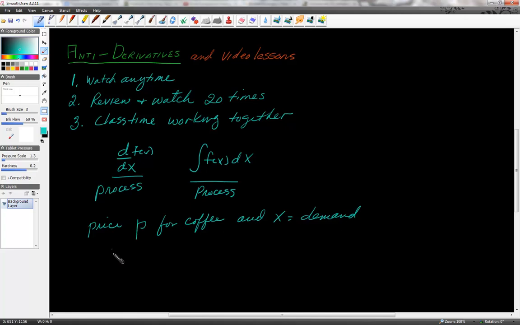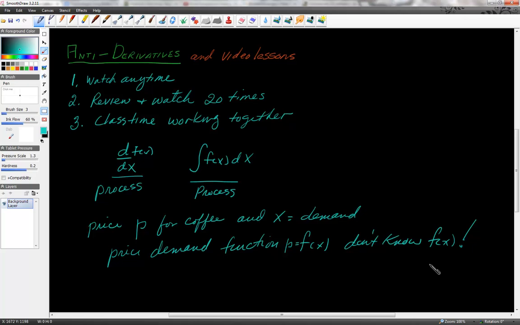And we know that we've got a price demand function, and we could call that price demand function f of x, and so P is equal to a function of x, but we don't know what that function f of x is.